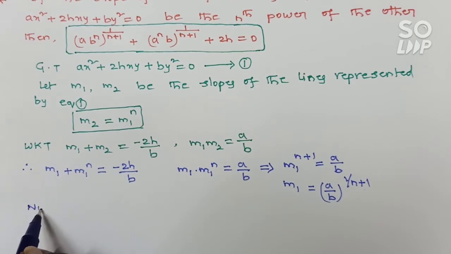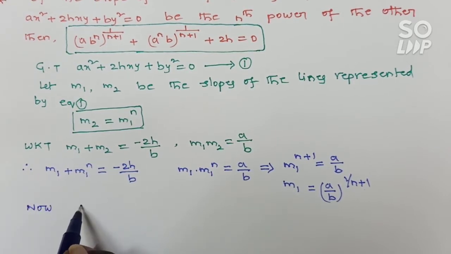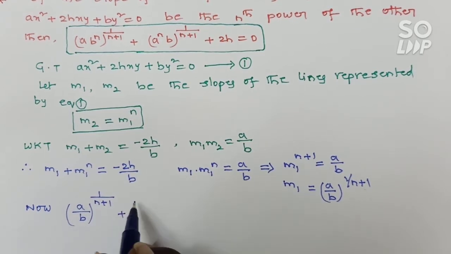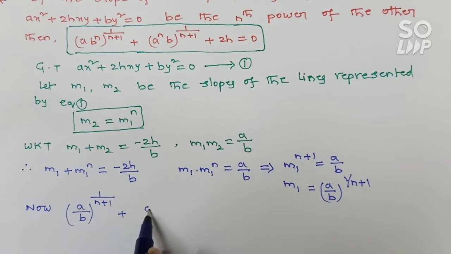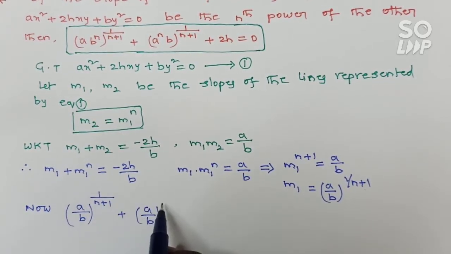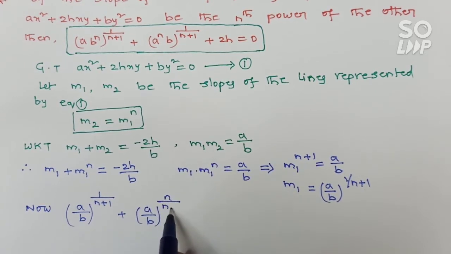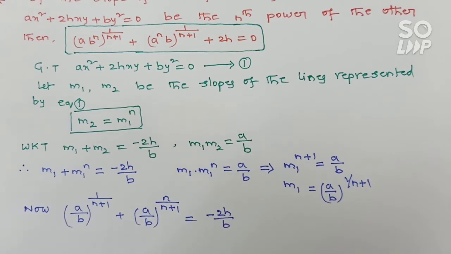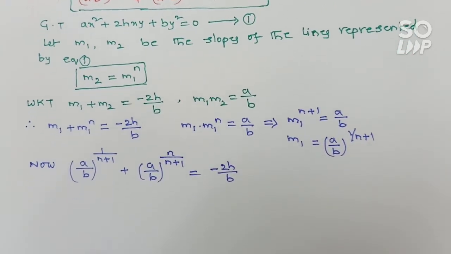Now what is the m1 value? a by b whole to the power of 1 by n plus 1, plus a by b whole to the power of n by n plus 1, equals minus 2h by b. Okay, now you cross multiply this result.